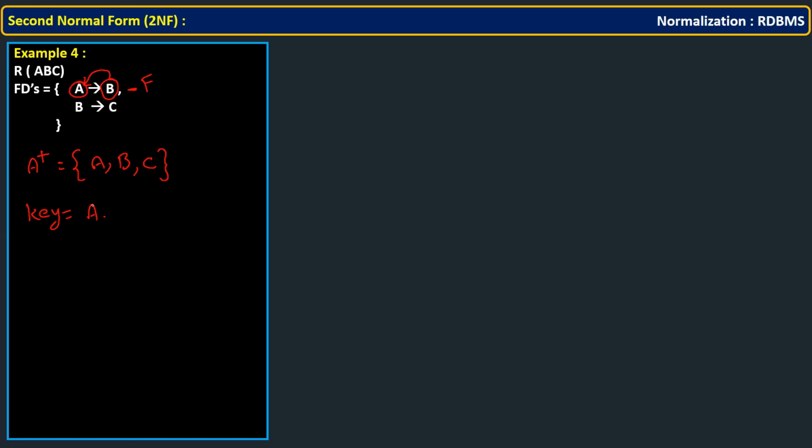So what you can conclude from this example is, if any relation has a primary key with a single attribute, it is automatically in second normal form.